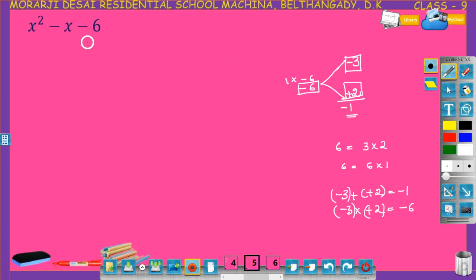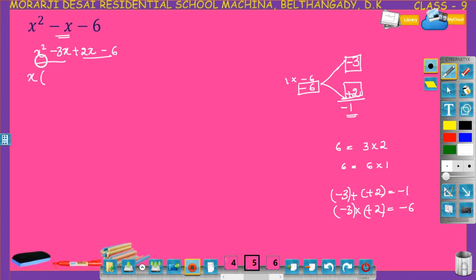Now instead of minus 1x, you have to write minus 3x plus 2x. First term and last term are the same. Now grouping. In x square and minus 3x, x is common.